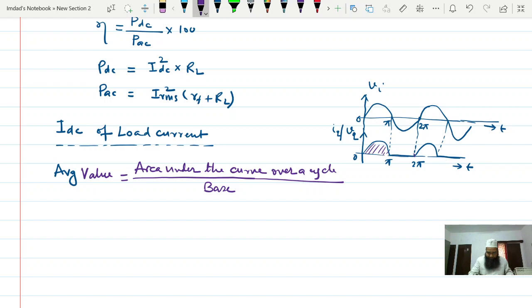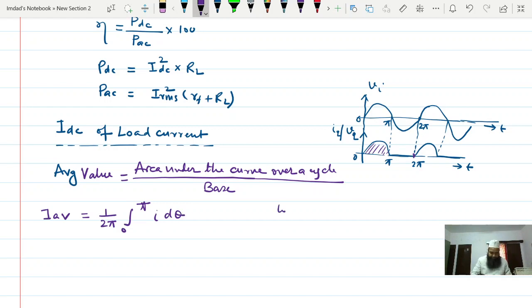Under one cycle we have the 0 to pi curve, and from pi to 2 pi we have 0, but we have base 0 to 2 pi. We can write I average equal to 1 upon base 2 pi, integral 0 to pi, I d theta.